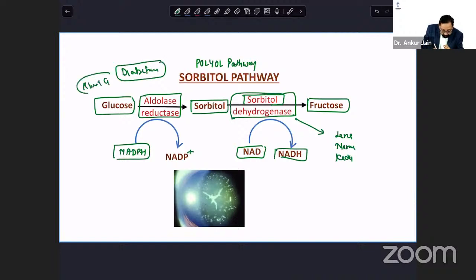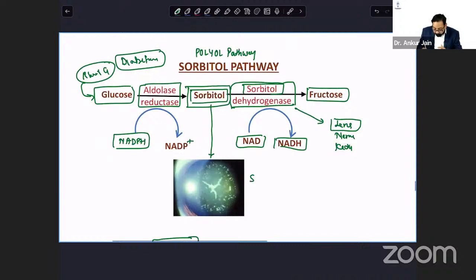So more and more glucose enters this sorbitol pathway, and sorbitol increases. When sorbitol increases in the lens, this causes snowflake cataract.